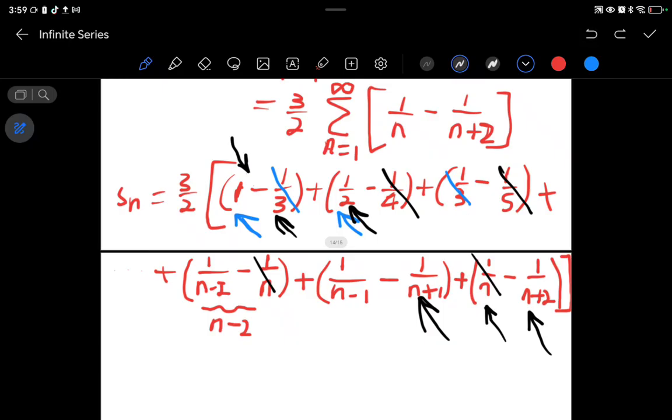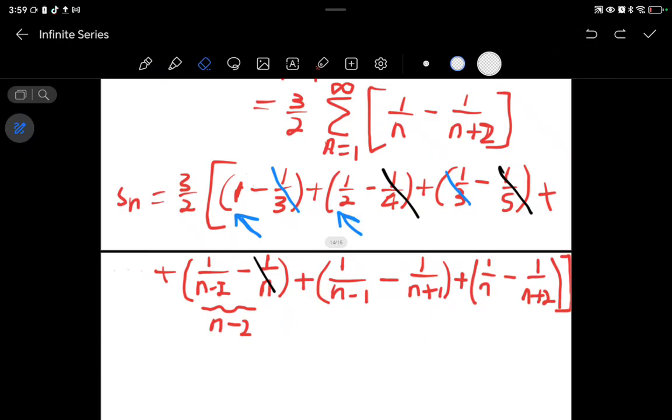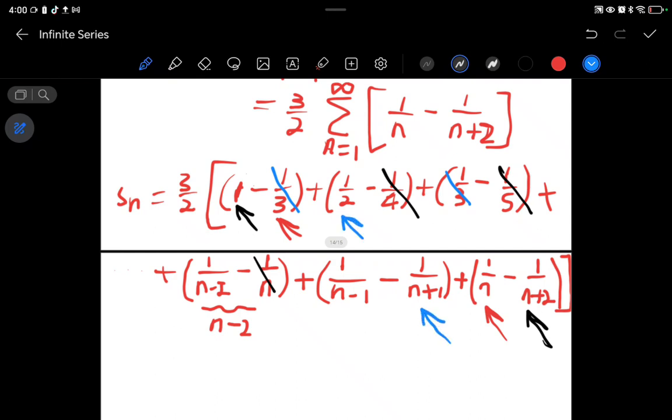So let me do this. I think it will be better if I use this. I'm matching 1 with this. Also, I match 1/3 with this. Then I match 1/2 with this, right?